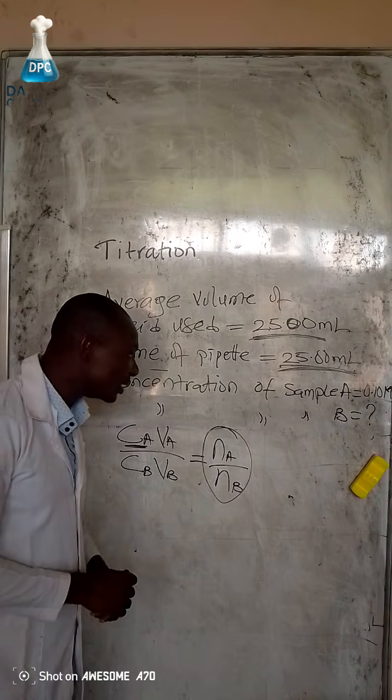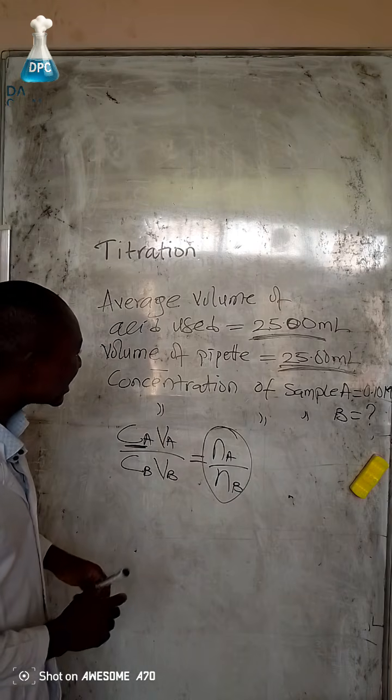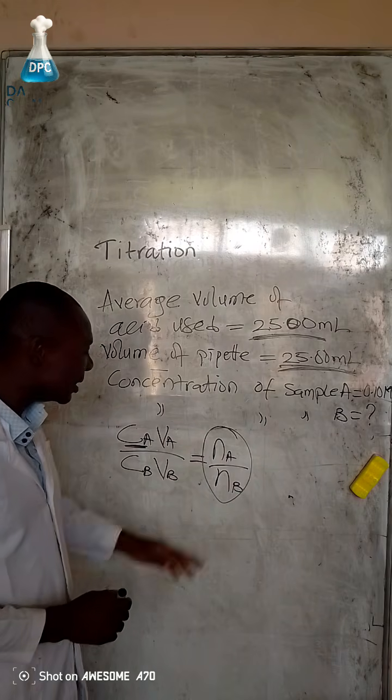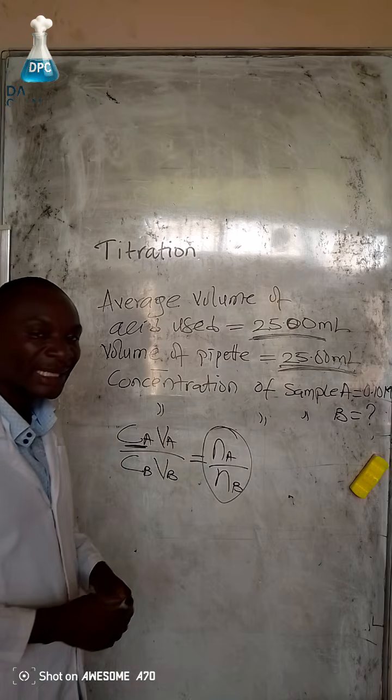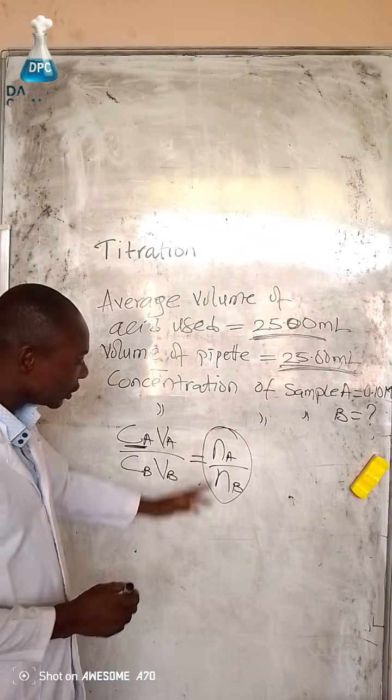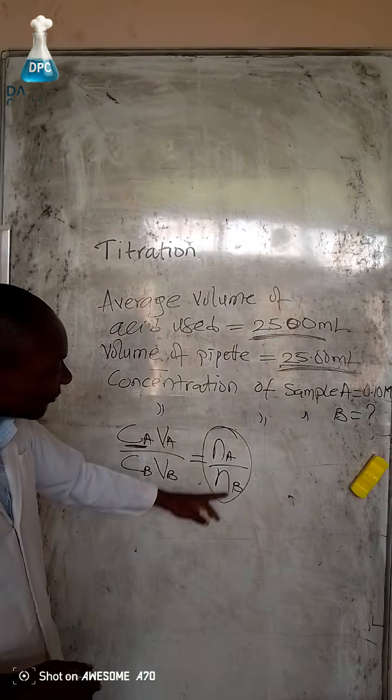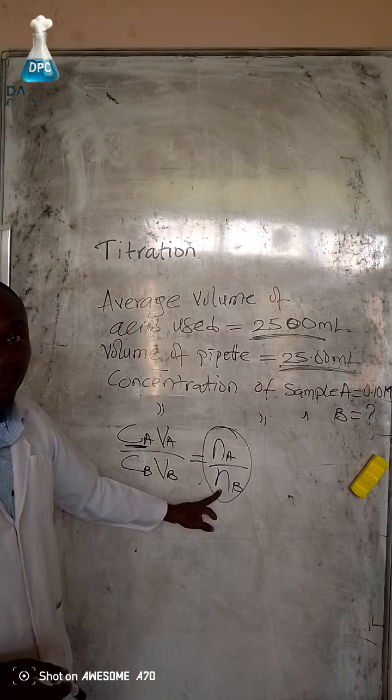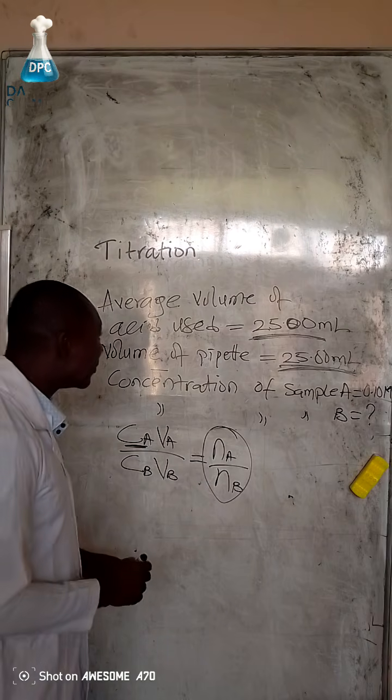So at this point, let's write the chemical equation and balance it to know the Na and Nb values. Now, it's very, very important.